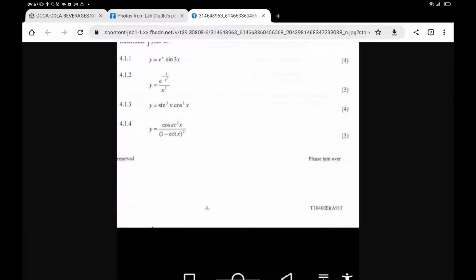So the second one is 4.1.2, y equals e to the power 1 over x squared, divided by x cubed. So when we deal with this one now, this one here is going to be much simpler.